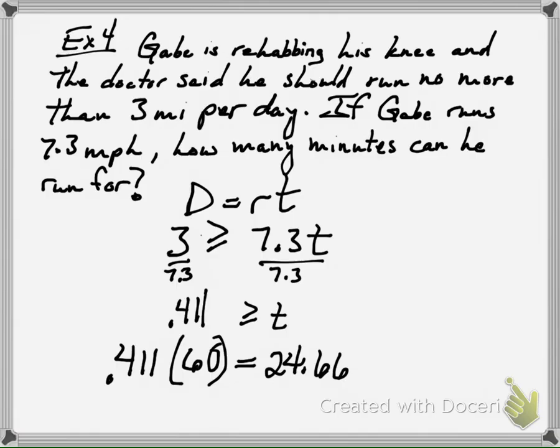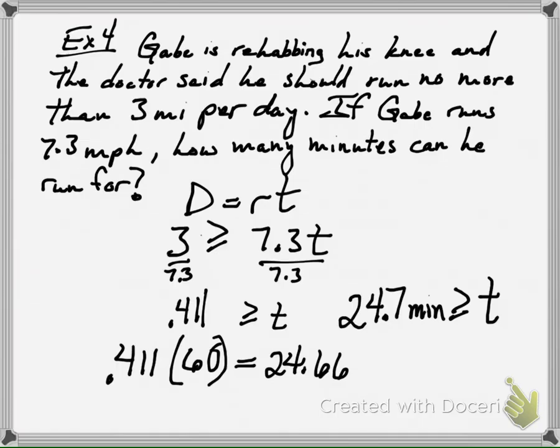So my t needs to be less than or equal to, we'll go to the nearest tenth here, 24.7 minutes. Okay, so no running any more than that. t, your time needs to be less than or equal to 24.7 minutes.